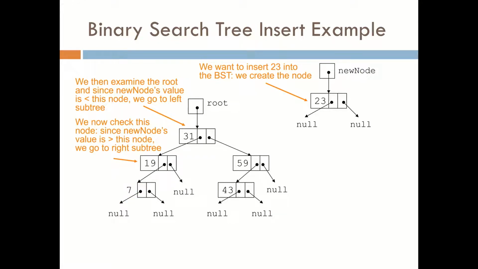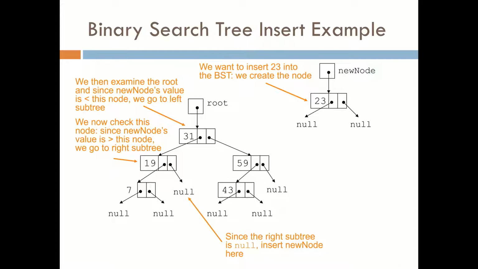We now check the node at this position, and since new node's value, once again 23, is greater than the value at this node, which is 19, we will travel down the right subtree. We encounter a null pointer in the right subtree, and that is where we insert the new node.